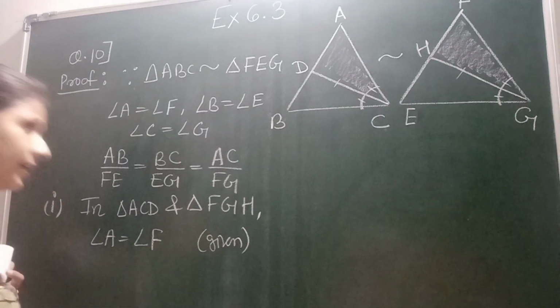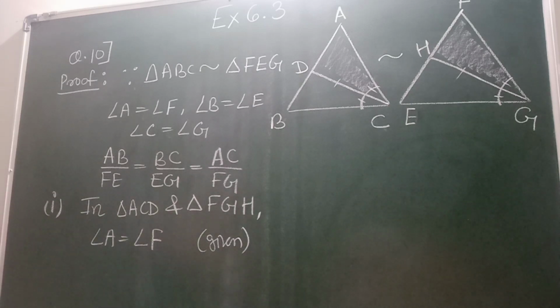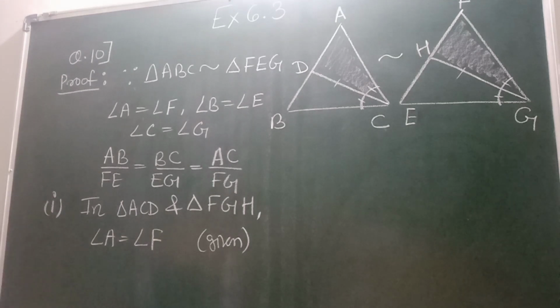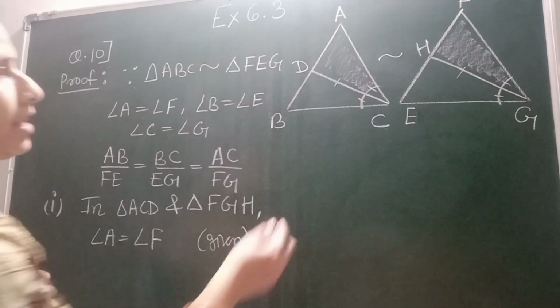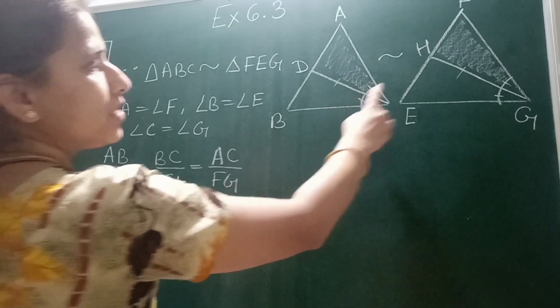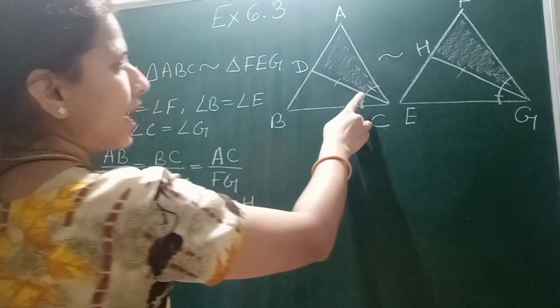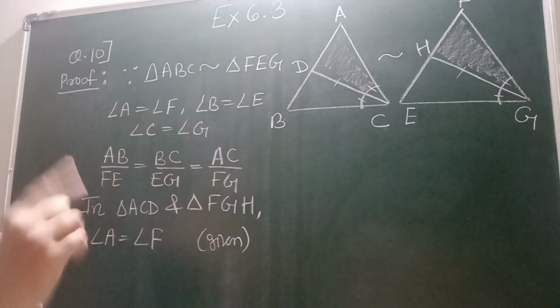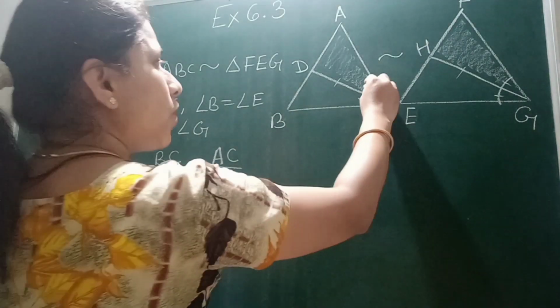Now the second part: since the corresponding angle of C is angle G, angle C equals angle G, so their halves will also be equal.